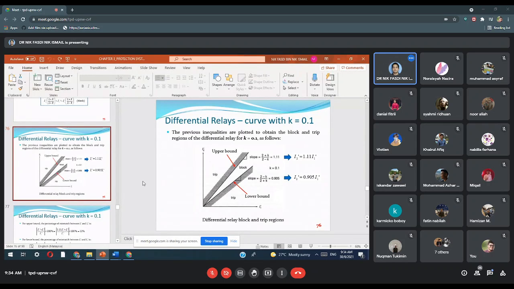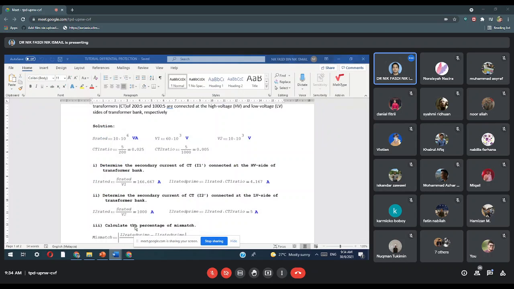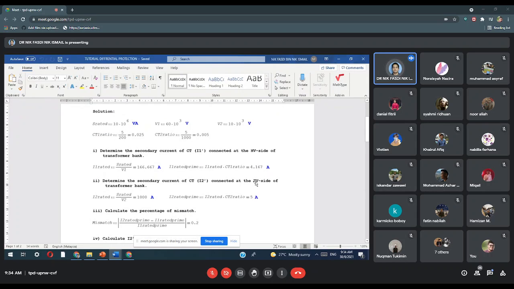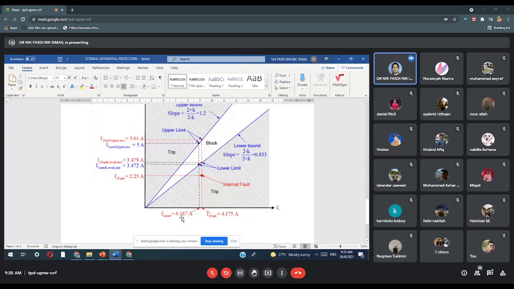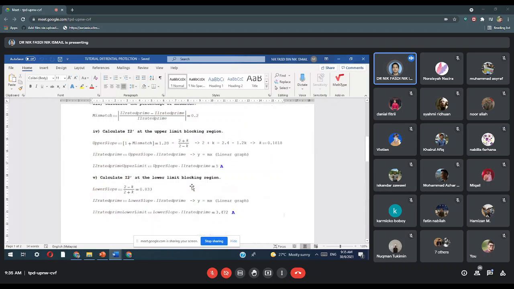Value dia ialah 4.167. So from the graph equation relationship of y sama mx, we can obtain the value of I prime upper limit, okay, upper slope times the I rated prime is equivalent to 5 ampere. So 4.167 from the first calculation, you dapat nilai 5 ampere kat sini. You boleh substitute the value of this upper slope times rated, you dapat 5 ampere.